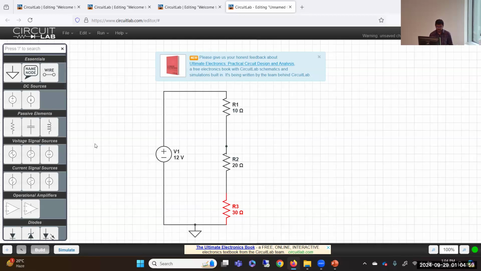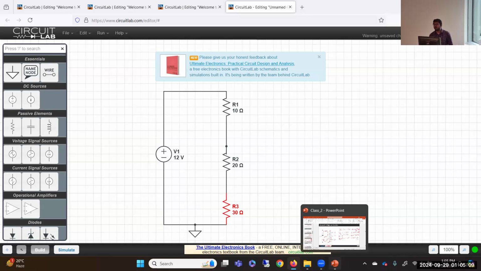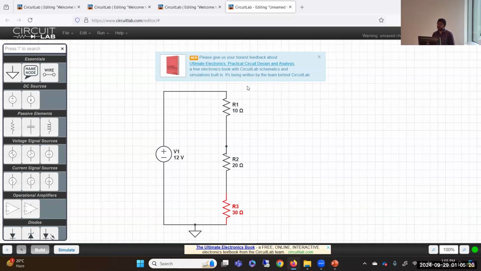Now, if you want to make a more complex circuit, the circuit that we solved. If you guys have a laptop, the link is in the classroom. You can go to the website, Circuit Lab. In Google Classroom, the slides are shared. Also, I shared the slide.